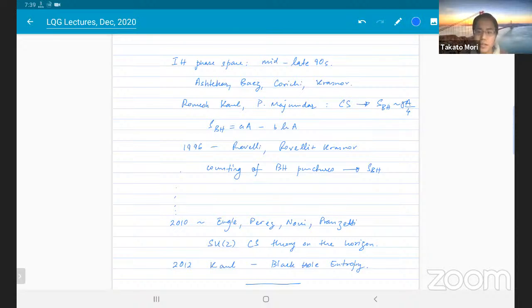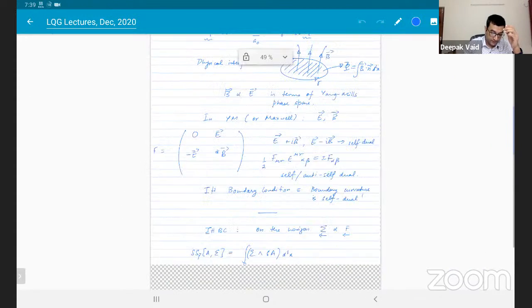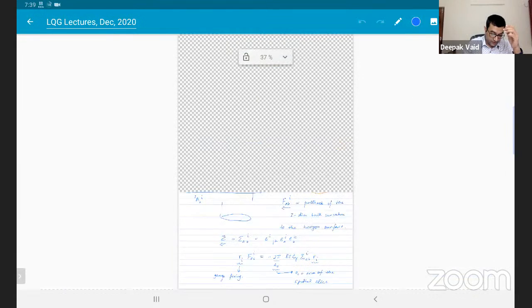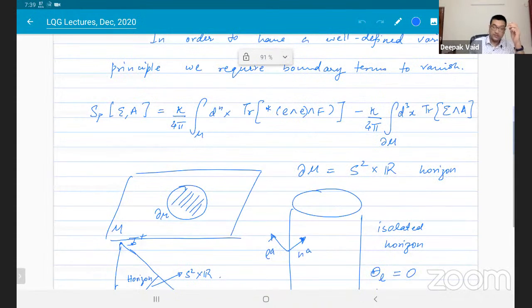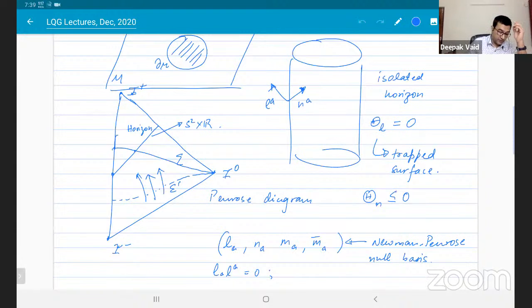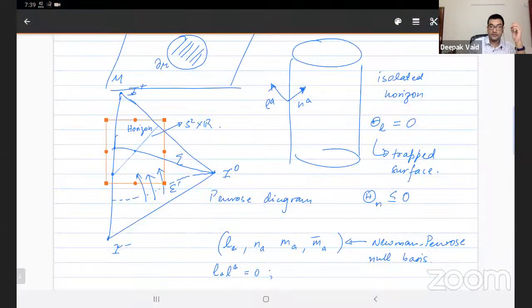Is a trapped horizon different from an event horizon? Right. An event horizon is a global, non-local object. As I was showing in this diagram, the event horizon is this diagonal line over here, and it's a non-local object.